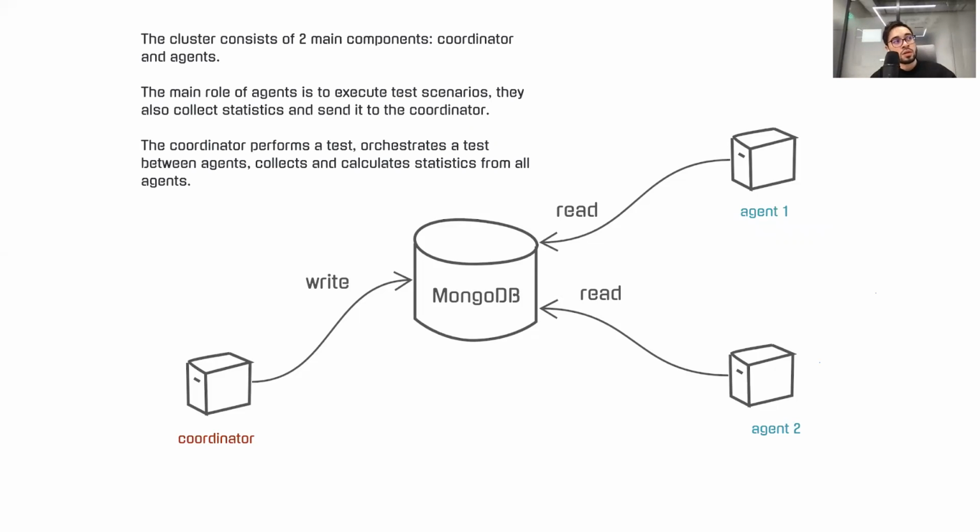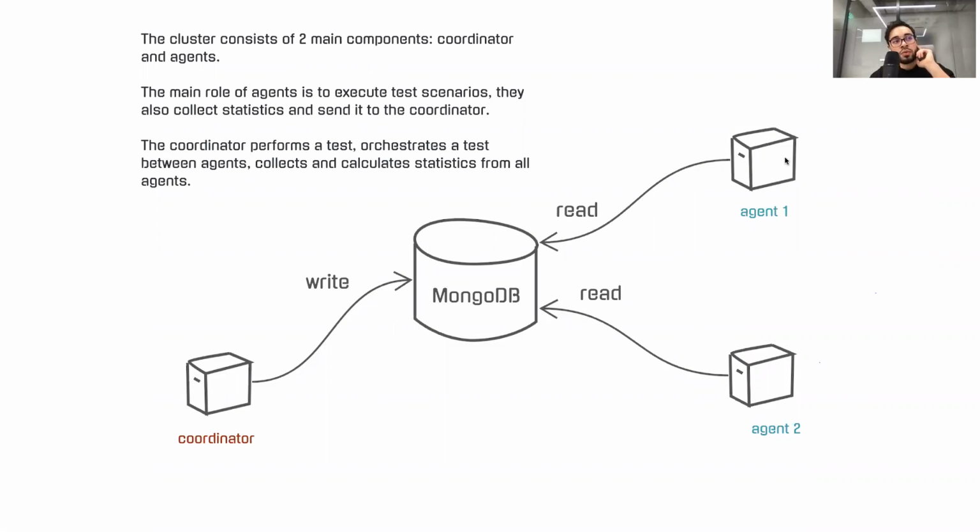The cluster consists of two main components, and the main role of the coordinator is that it orchestrates tests between agents. Via the coordinator, you can change the topology. You can, for example, say this time I want to run this workload.